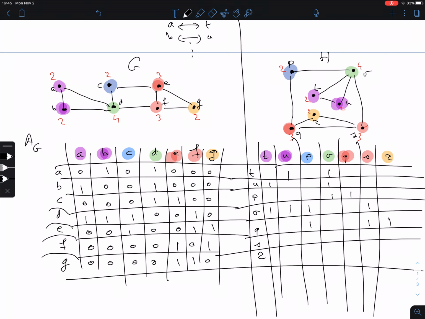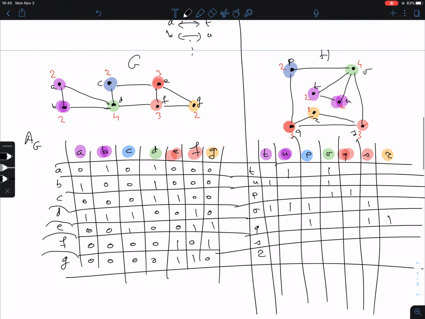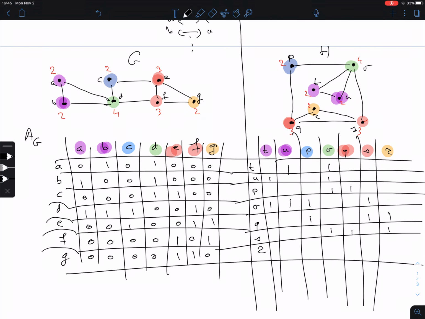It's degree 3, so I have 3 ones. I'm always checking that I don't forget anything by counting the number of ones, because that's the degree. S, degree 3, so 3 ones. A Q neighbor, it has neighbor R, and the last neighbor is V, which is sitting there. Not alphabetic, it's sitting there. R, finally, but I think I'm done now, right?